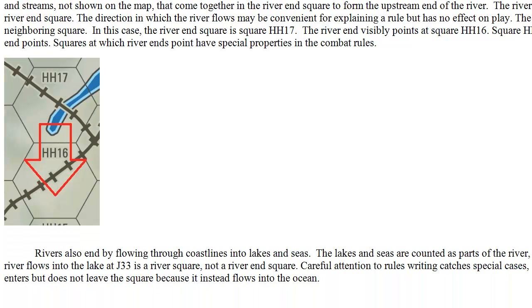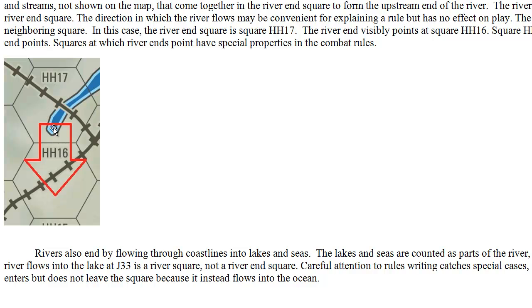And now we have a river end square. The river end square is identifiable because the river comes along, and stops. Each river has two ends. The other end of the river flows into a body of water. The fact that the river square flows into a body of water does not mean we have a river end square there.